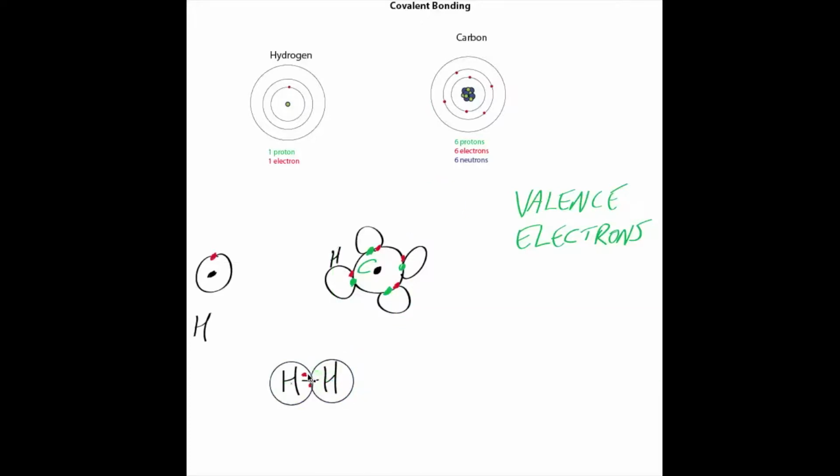Okay. Now the reason I was interested in it being the right size as well is because it really represents the electron density, or where the electrons are.